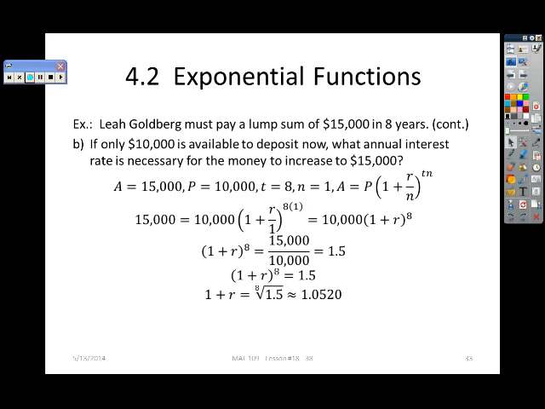Take the 8th root of both sides, and you get R equals 0.052. So the required interest rate is 5.2% rather than 4.8. We really haven't looked at the final technique for solving this, where we have to start calculating the T. We're going to look at that shortly.